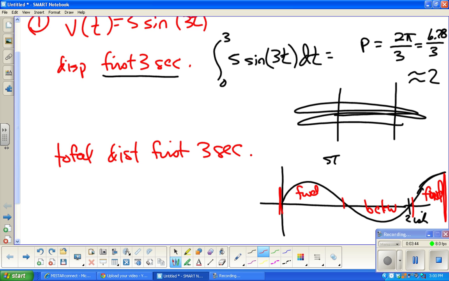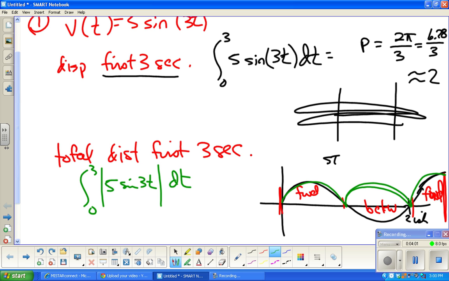And all of that needs to become positive. Well, the easiest way to make that positive is if I just do absolute value. So I could do all of this by just saying, okay, let's do the absolute value of 5 sine of 3t dt. And now the graph looks like this kind of thing. And so all of that distance becomes positive, and I don't really have to work that hard.